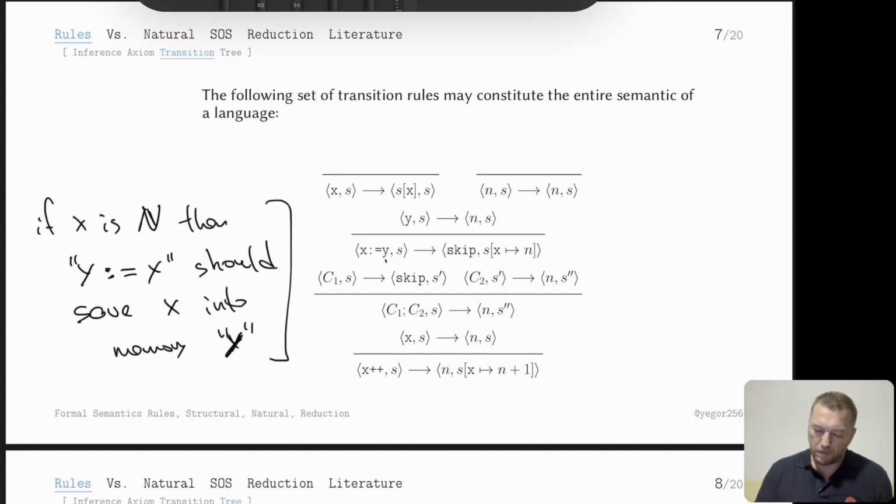So this is basically the same, but less readable.